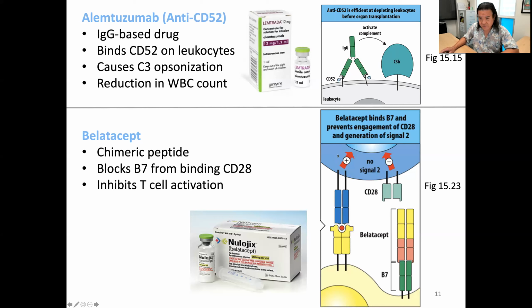And here you have a naive T cell that has a T cell receptor that recognizes this particular peptide on it, right? But it needs what in order to activate? It needs that second signal that comes from the B7 CD28, right?